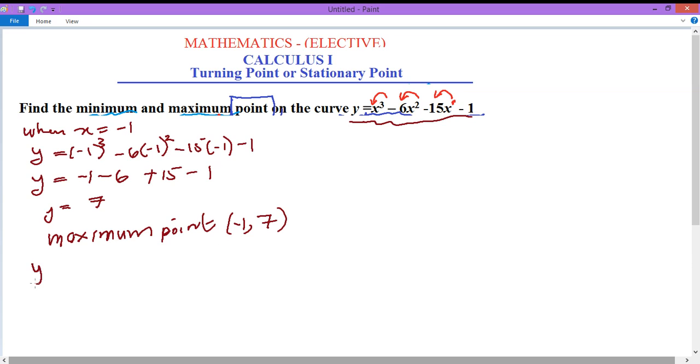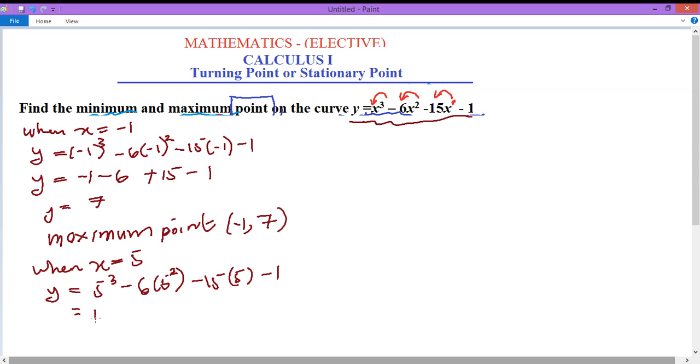Then similarly we solve for when x is equal to 5. Our y value will be equal to 5 cube minus 6 multiplying 5 squared minus 15 multiplying 5 minus 1. That will give us 125.